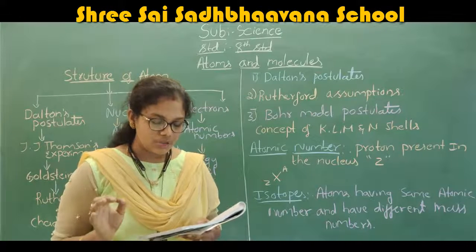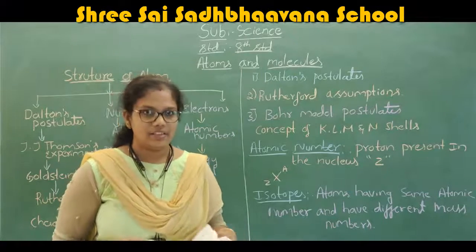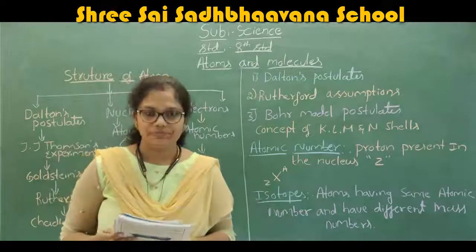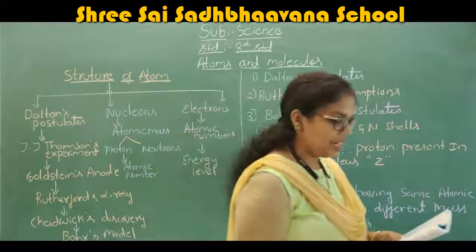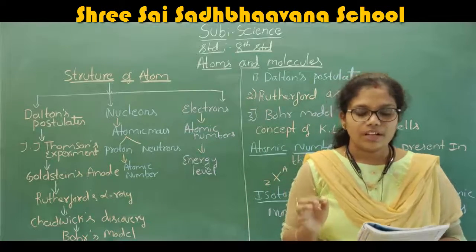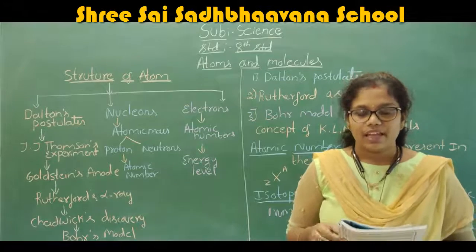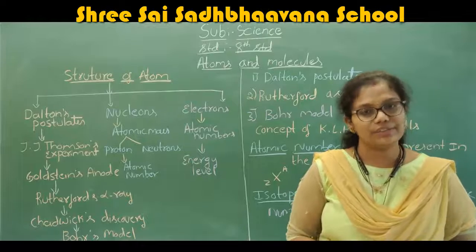Third: atoms of one element cannot be converted into those of other elements. This is the third important postulate of Dalton. Fourth: the atoms of an element combine in integral ratio with those of other elements to form a compound. And the fifth: an atom can neither be created nor be destroyed.